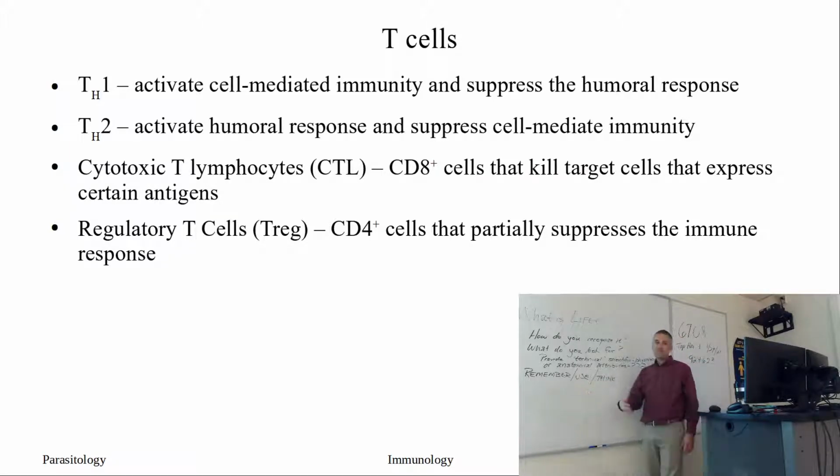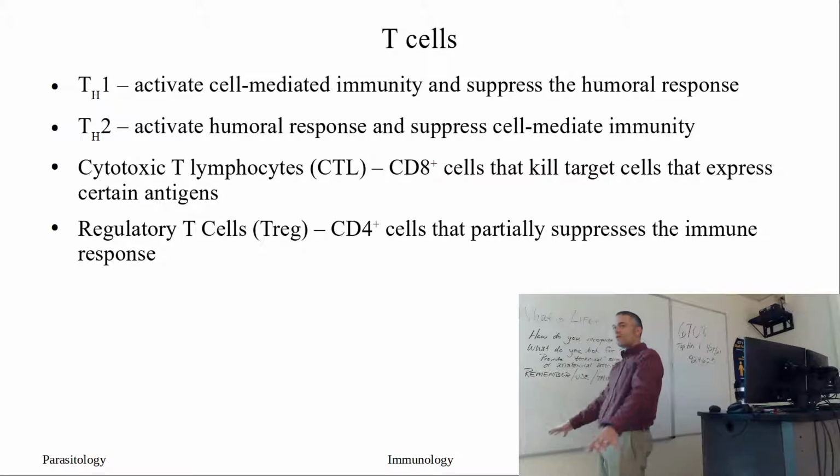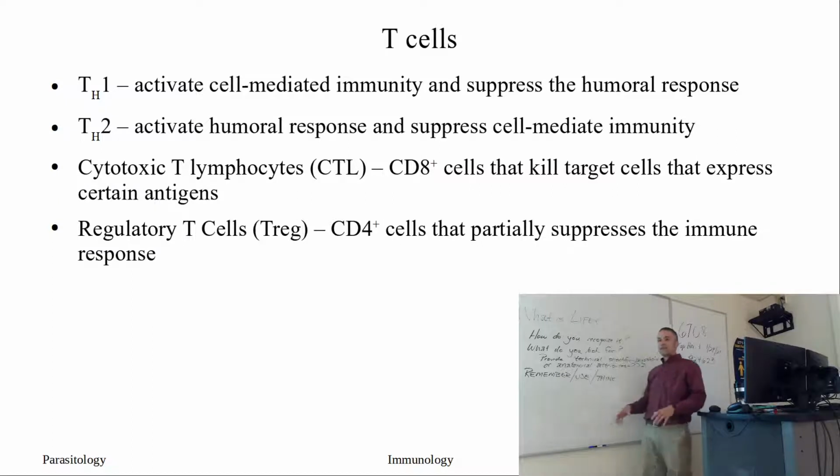Th2 is primarily the humoral response or the antibody response. We've since learned that it's not necessarily isolated. It's not one or the other. It can be more of one than the other, but it's not going to be entirely one or entirely the other. Now, what's interesting, if we predominantly go one direction, we tend to suppress the other side.